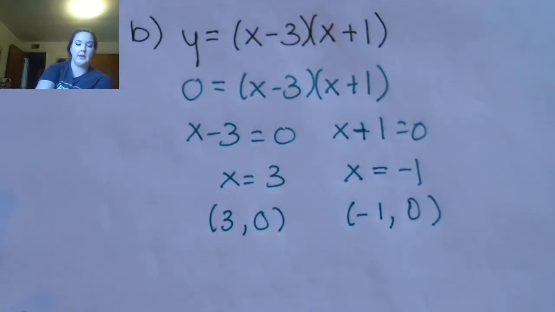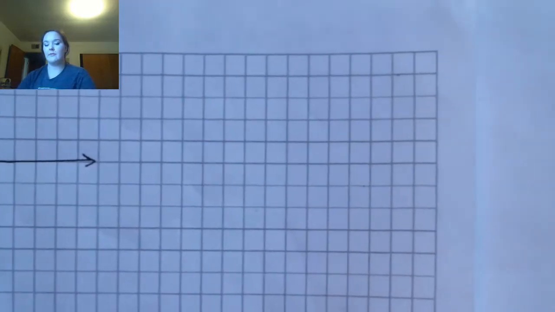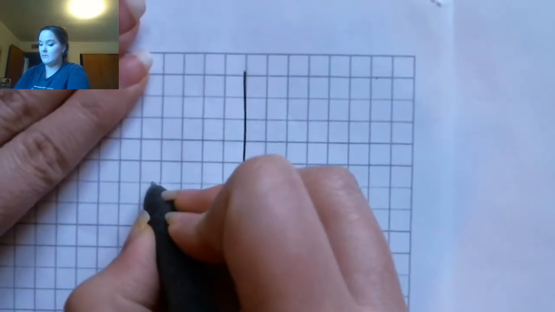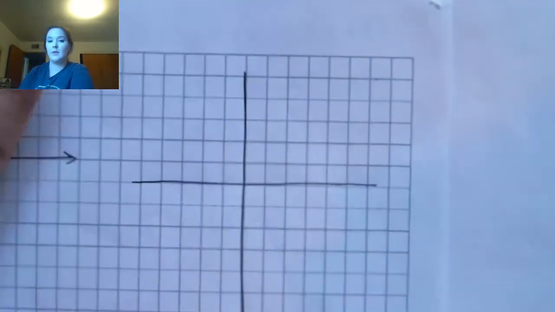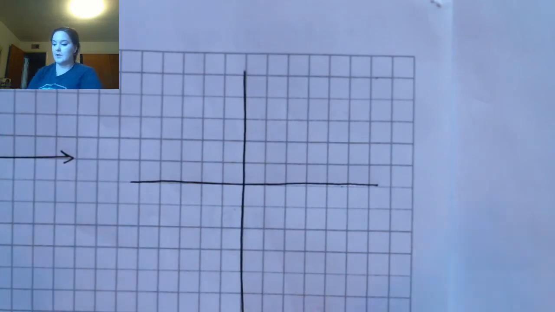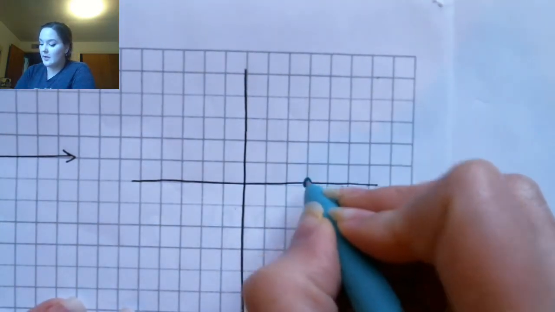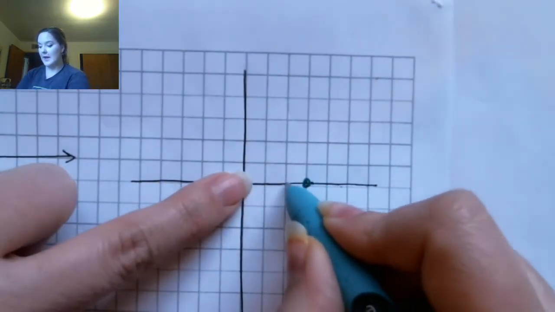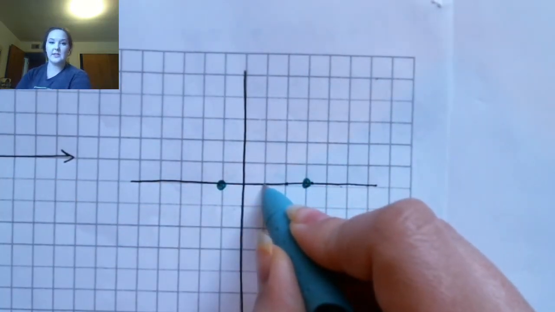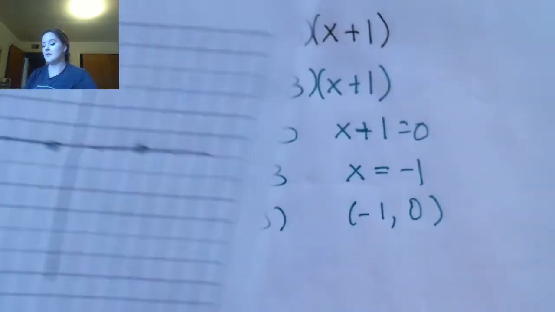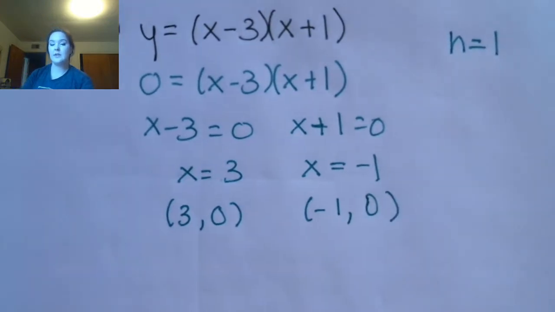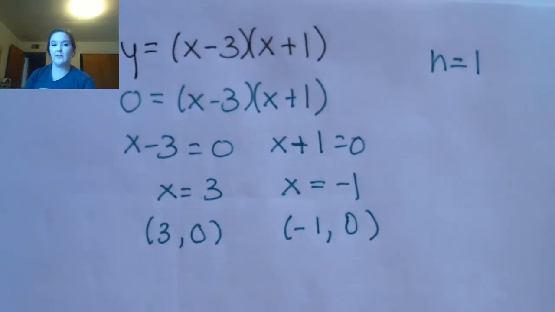So let's look at my graph. So my x-intercepts are going to be at 3, 0 and negative 1, 0. Now my vertex is going to be halfway between them, so you can see the point that's halfway between them is x equals 1. So that's going to be the x coordinate of my vertex.